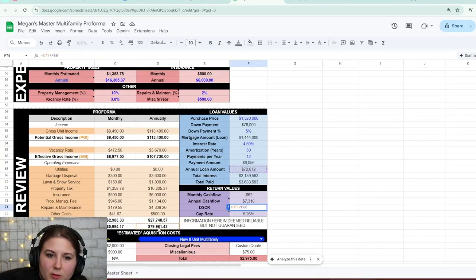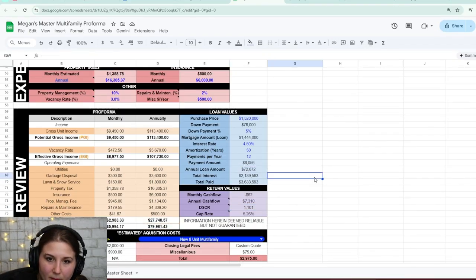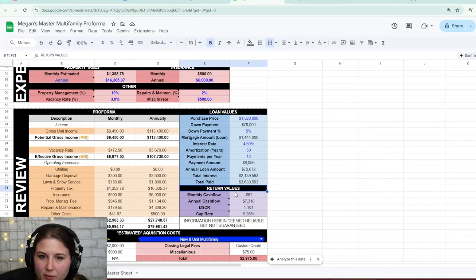Oh, that's why it's pulling from the annual. Okay, so this is just times 12 of this one over here. That's why the DCR is still positive, not break even, because your DCR is measured on annual NOI and annual payments to the bank, whereas I was looking at it on a month-to-month basis. So annually, you'll still profit this much.